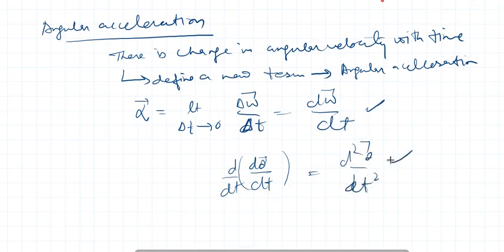So this is another way to look at angular acceleration. Till now I have defined a few terms: angular displacement, angular velocity, the relationship between linear and angular velocity, and angular acceleration, right?